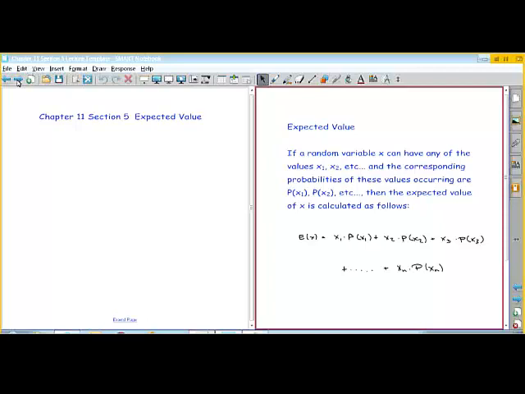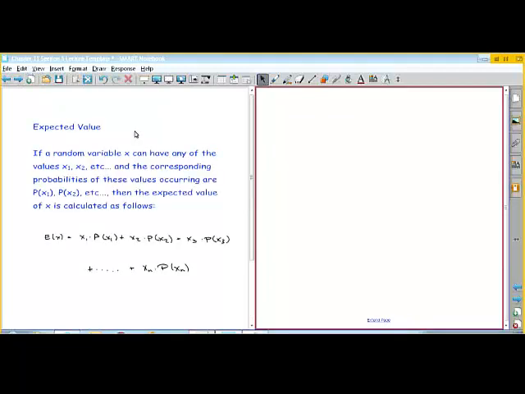So the example I'm going to use is basketball, and I'm going to use a simple example just because I don't want to have to do a bazillion calculations. So this is the guy's statistics.